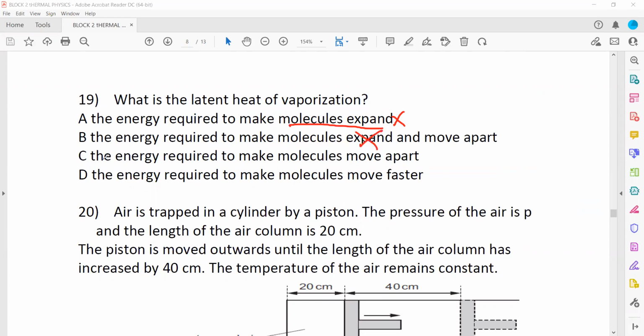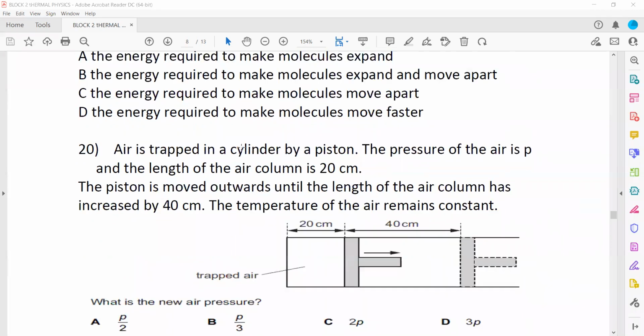The energy required to make the molecules move apart, because latent heat of fusion or vaporization is the energy needed to change the state. And when we change the state, we change the distance between the particles. And energy required to move the molecules faster, that is wrong, because it will change the temperature. Temperature does not change when the molecules are moving away.